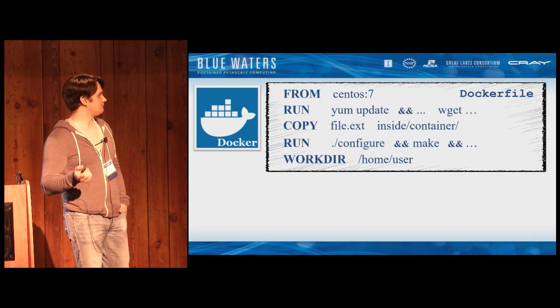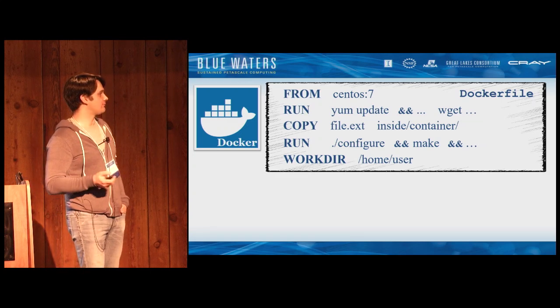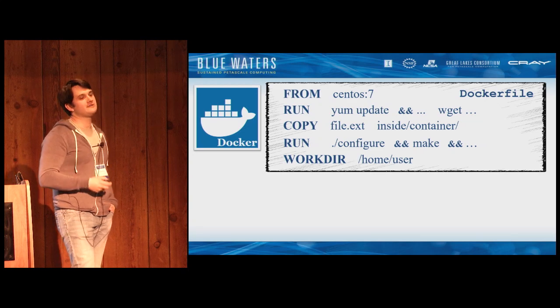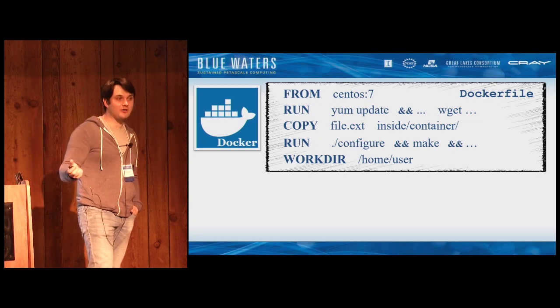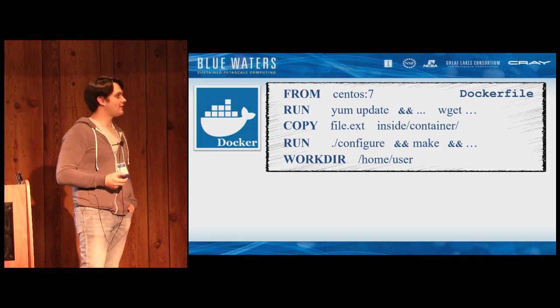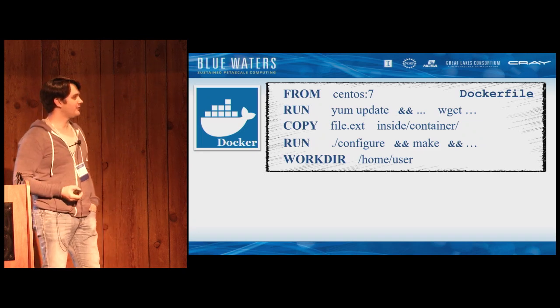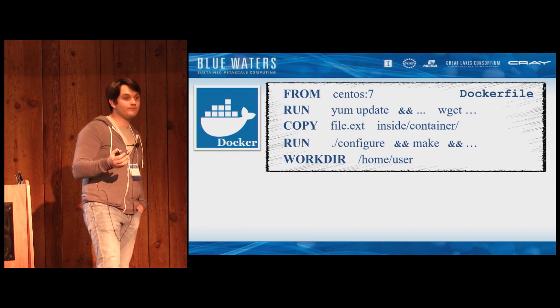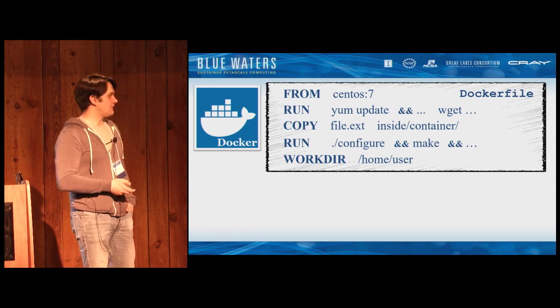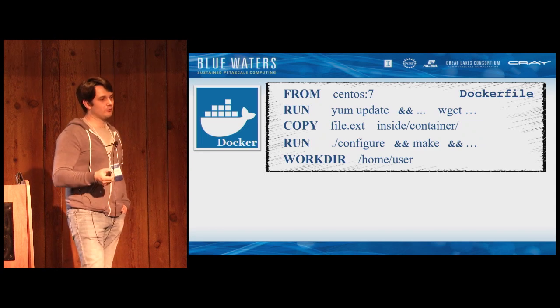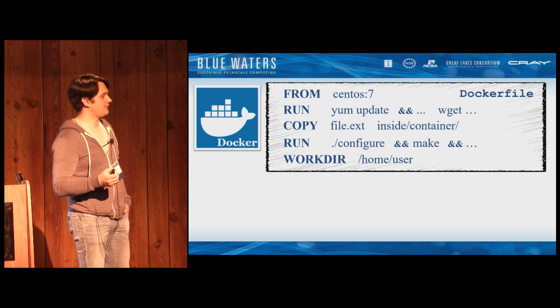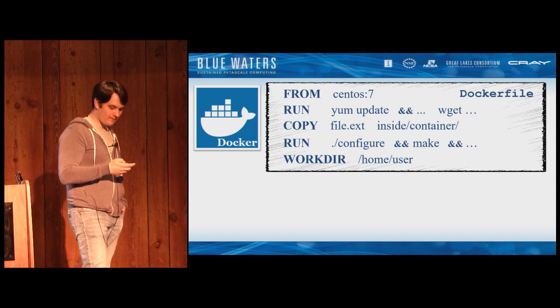I execute yum update, upgrade, copy some files from my, let's say, laptop. If I'm working on a laptop, I do configure, make install as usual. Workdir is just a setting that allows us to set where we will land in a container if we execute it.